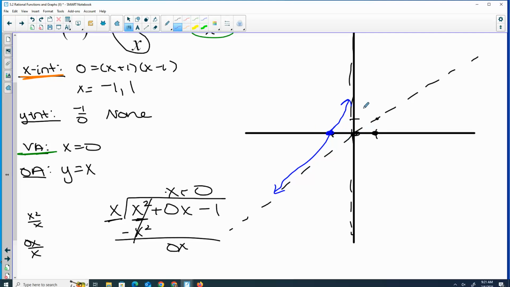For the right, it could either be above or below this oblique, but I already have a point below, so it tells me it's going to be down here. And your graph is just approaching your asymptotes on both sides. Should always be a function at the end, so you could check if it passes a vertical line test.